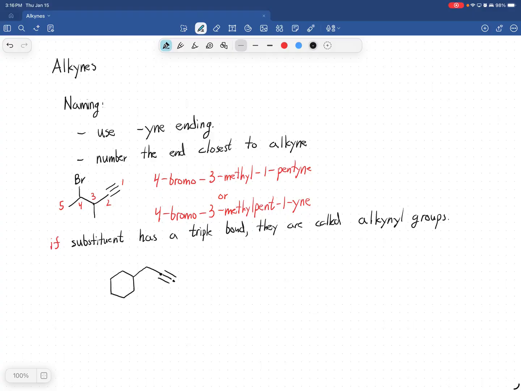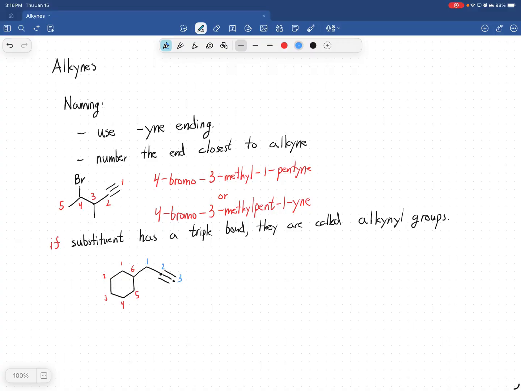You have more carbon atoms in the ring than if you just use the linear chain, right?